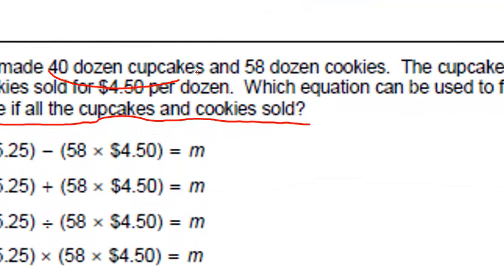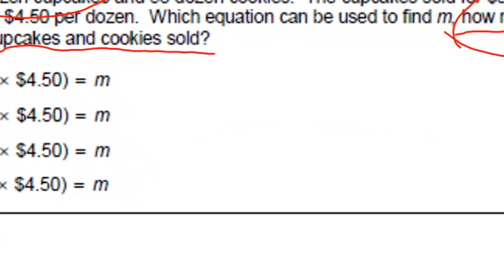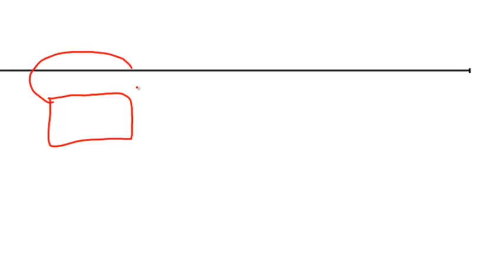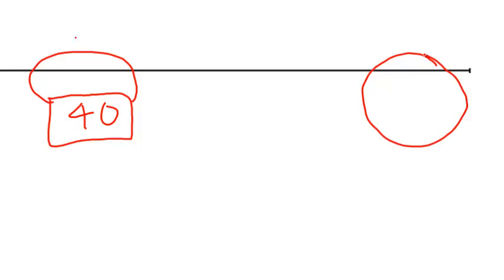I have 40 dozen cupcakes, so I'm first going to draw a cupcake. There's a cupcake. And there's 40 dozen of them. And then I'm going to draw a cookie, and there's 58 dozen cookies. So those are separate things, so I'm going to keep them separate.